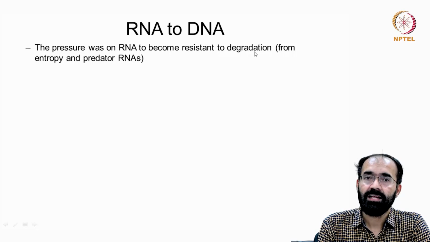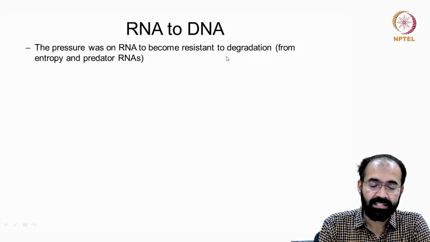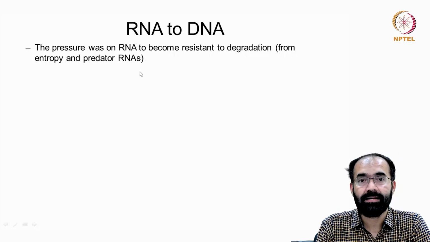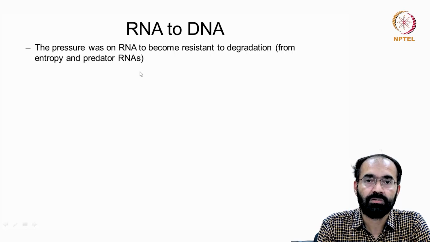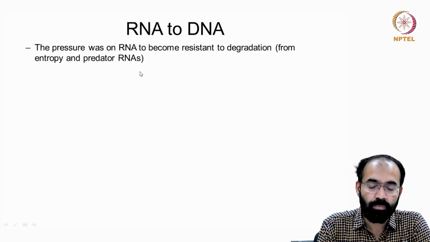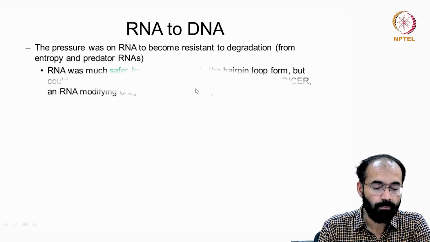But we should understand RNA has its own innate property, and it has to resist this degradation from entropy and also from the predator RNA molecule, another RNA molecule that is trying to attack. So RNA molecules, at least a group of them, became helpless. They want to survive somehow.